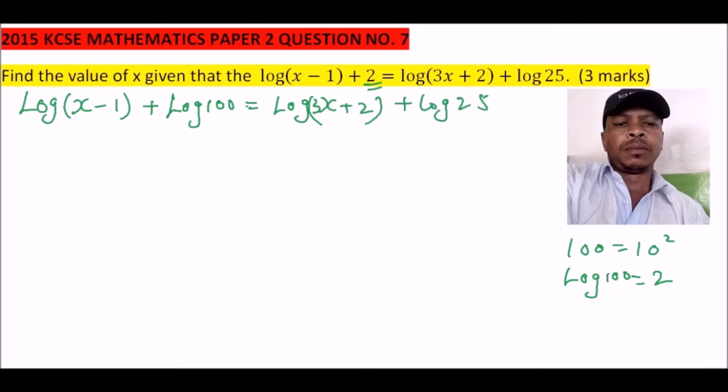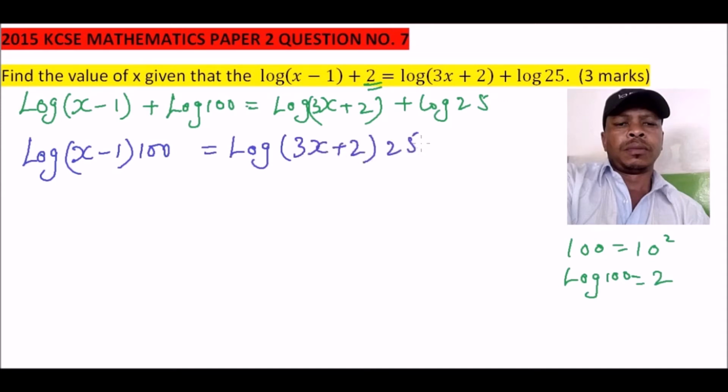Now from there we can combine the logarithm using the logarithmic notation and say this is the logarithm of x minus 1. Because we have addition here, then we multiply, so we multiply by 100 is equals to the logarithm. The same case here, we are going to multiply 3x plus 2, we multiply by 25.